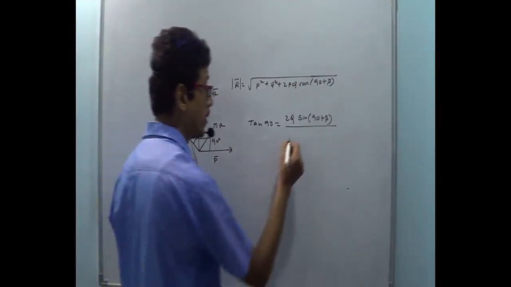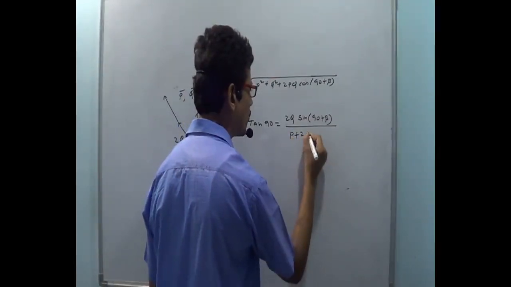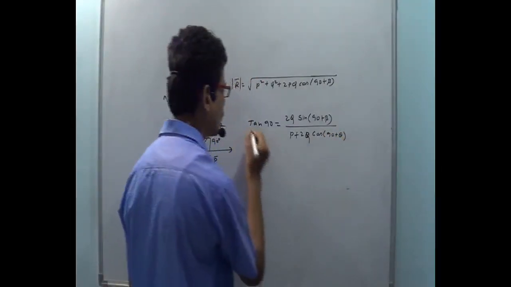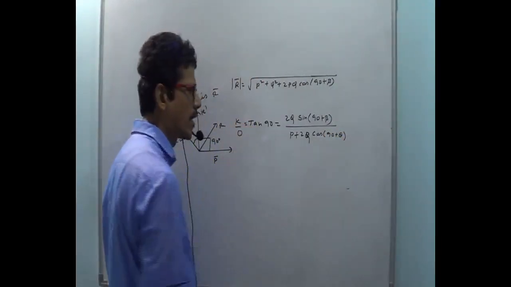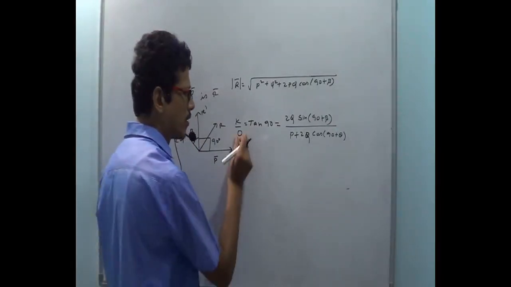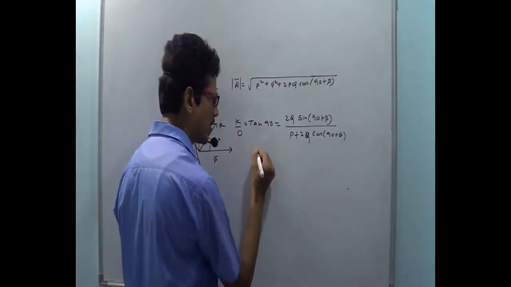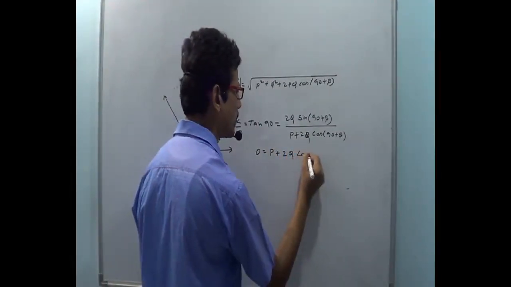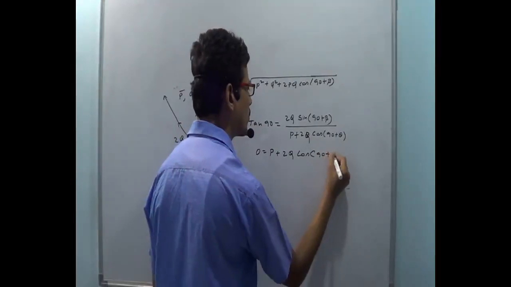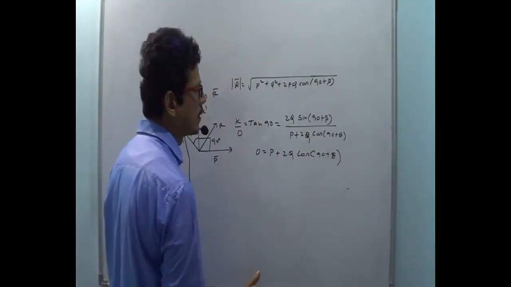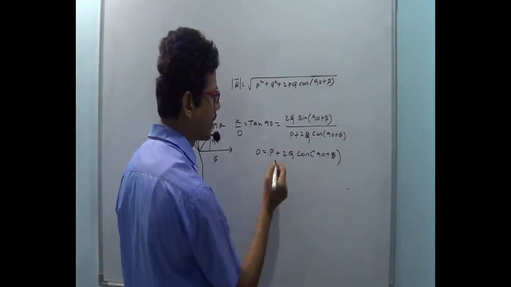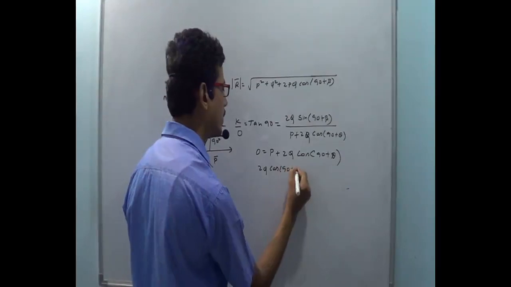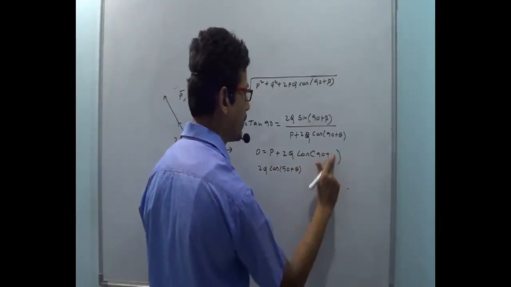A is here, it is p plus 2q cos(90 plus theta). But we know this is k divided by 0 because tan 90 is infinity. So I can equate this 0 with this: 0 is equal to p plus 2q cos(90 plus theta). So what is this? Instead of 2q cos(90 plus theta), I can write minus p, na. 2q cos(90 plus beta), no, that is beta.